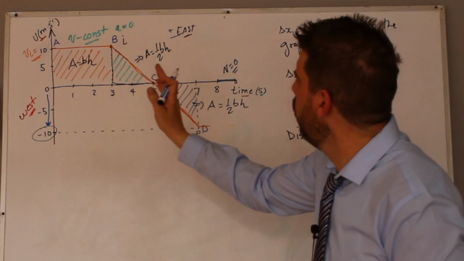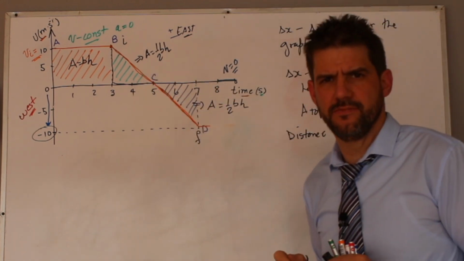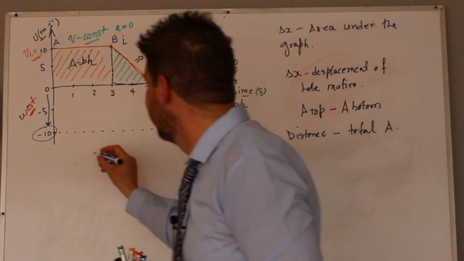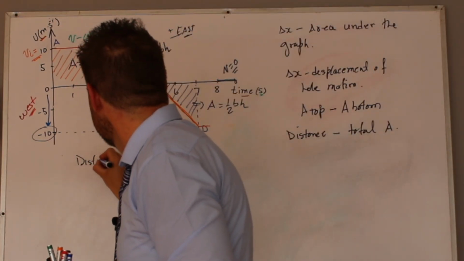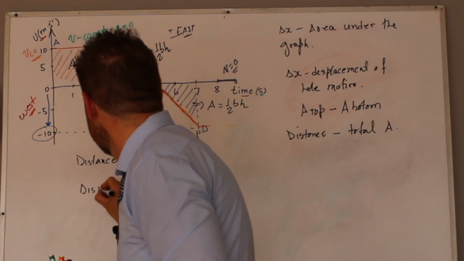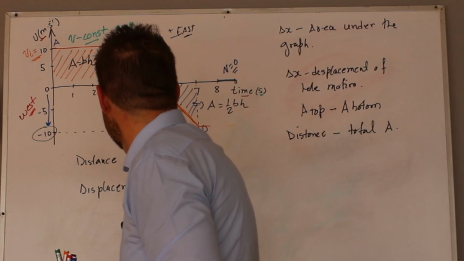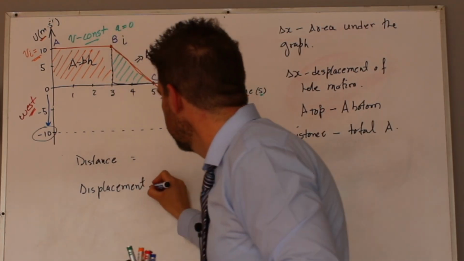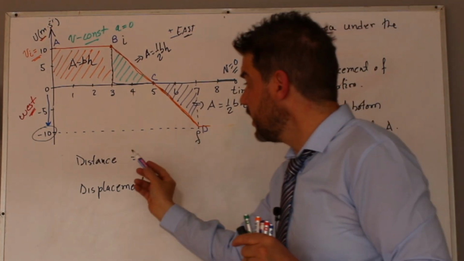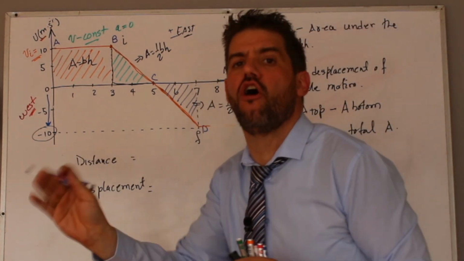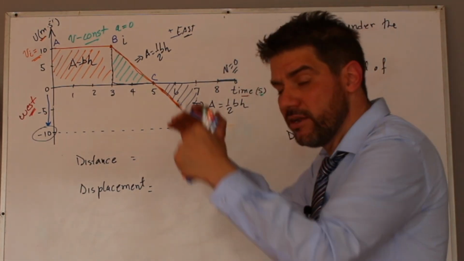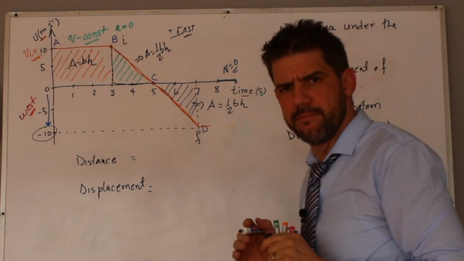So those are all the areas of the graph. Now, there is a difference. If you're asked in the test to calculate distance or displacement, you're still going to use the area, but differently. If you're going to calculate distance, you're going to add all of them. If you're going to calculate displacement, it's the ones on top minus the one at the bottom.